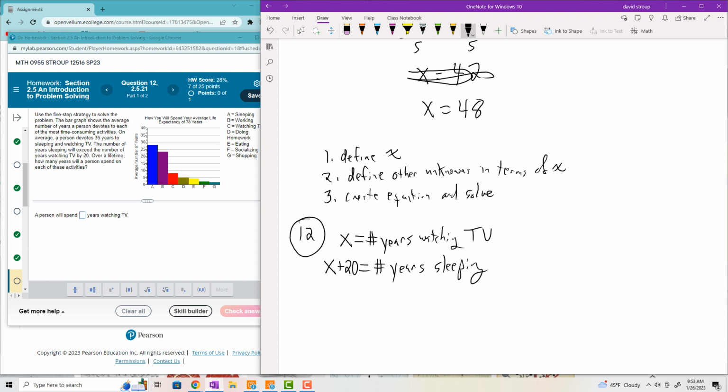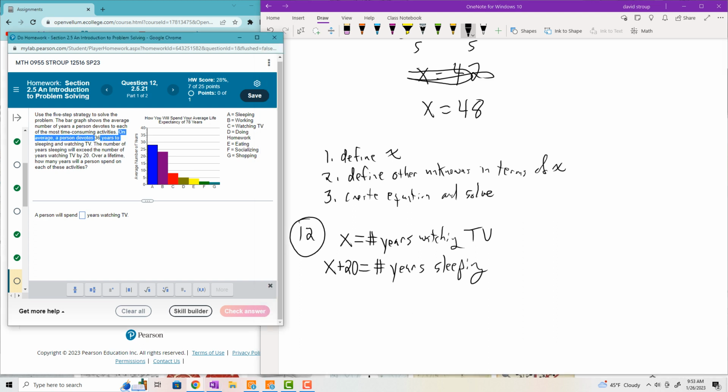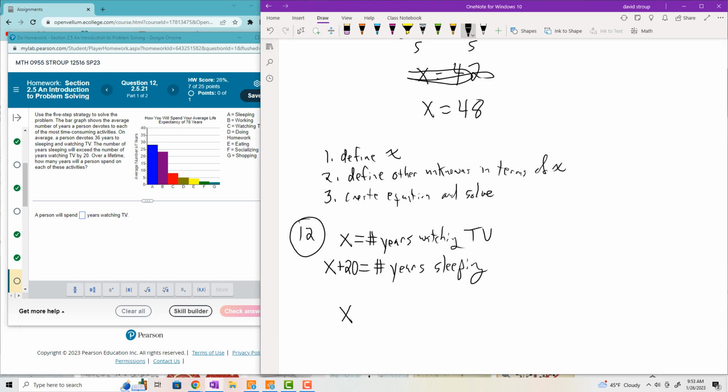Then I want to build an equation. And actually the first sentence is what tells us the equation, right? It says, on average, a person devotes 36 years to sleeping and watching TV. So that means if you add the number of years watching TV, which is x, to the number of years sleeping, which is x plus 20, that sum will equal 36.